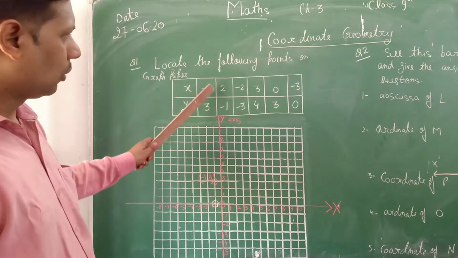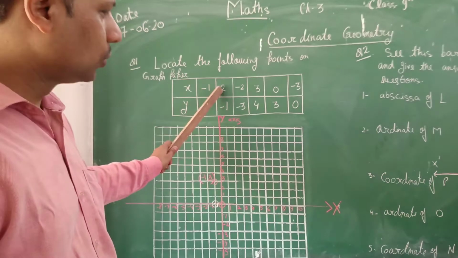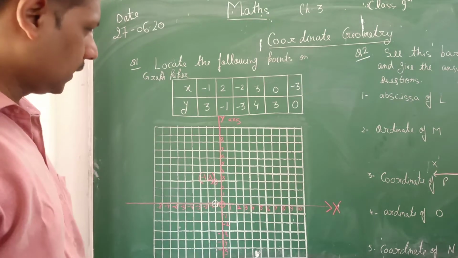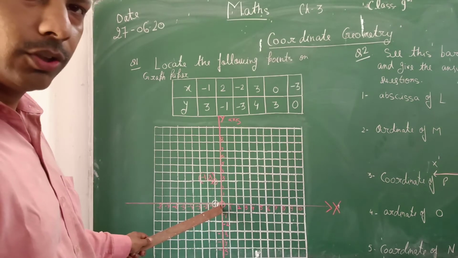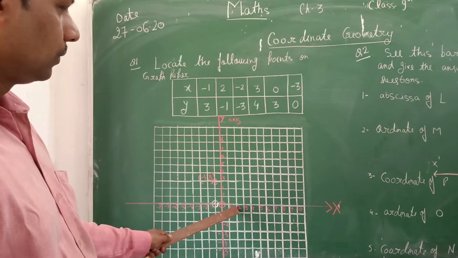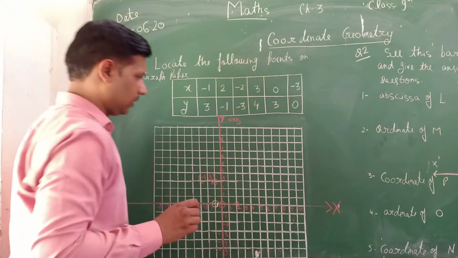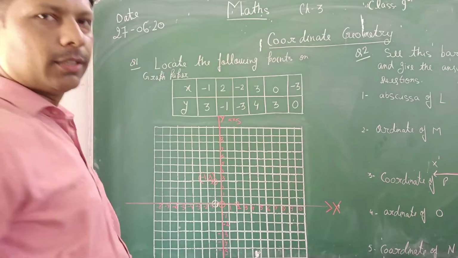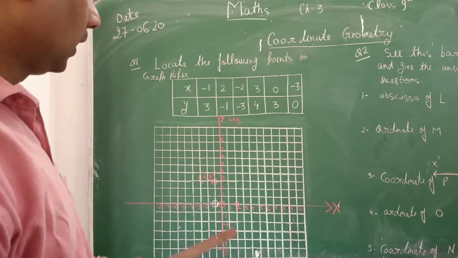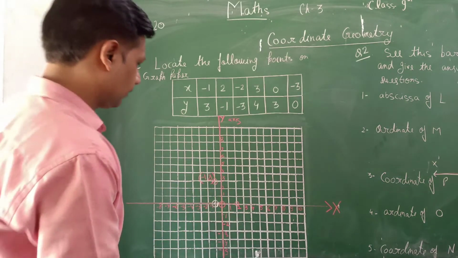What is (2, -1)? Here, the value of x is 2, so move in the positive direction of the x-axis. That is origin, and as you know, we have 1, 2. We are on this point, 2, and -1. You know, -1 is on the down side, -1 here.